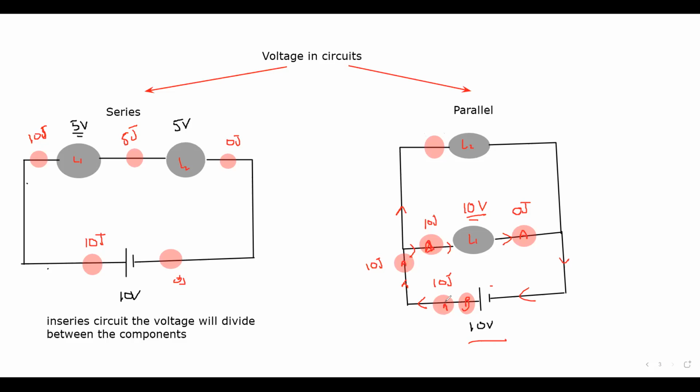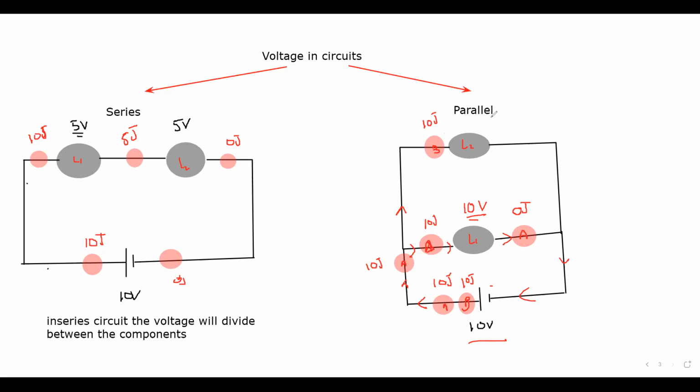So if charge A carries 10 joules, charge B will also carry 10 joules, because the EMF means how much energy is carried by 1 coulomb of a charge. So if charge A flows through lamp 1, charge B will flow through lamp 2. Before entering, charge B will have 10.